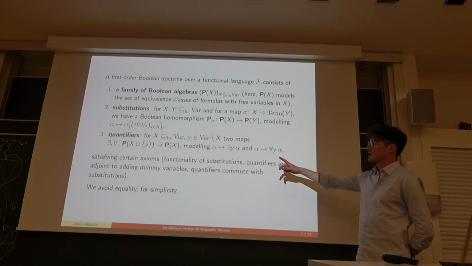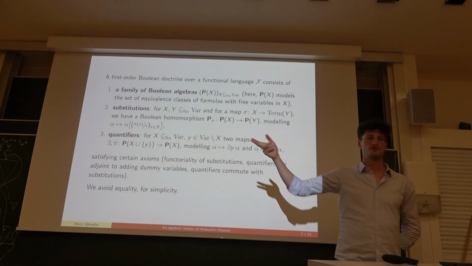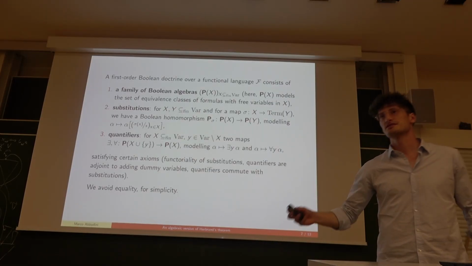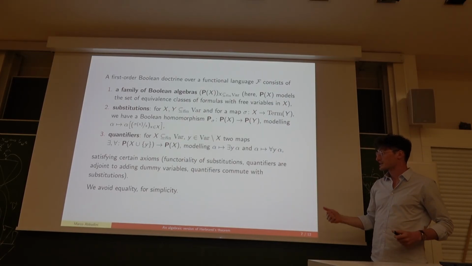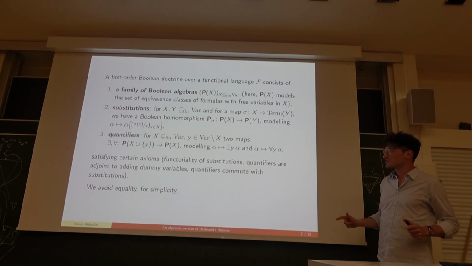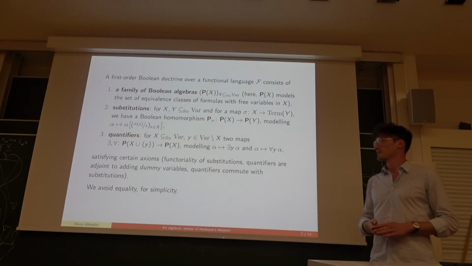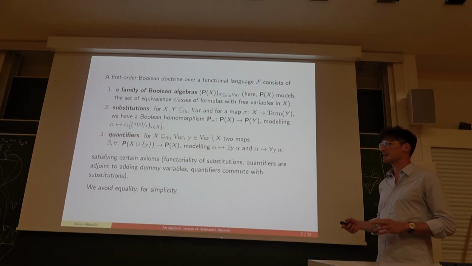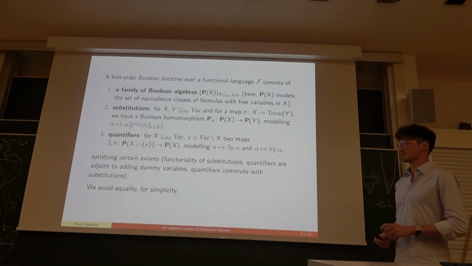And here we remove the variable y because it's no longer free. And certain axioms have to be satisfied. So these are functoriality of substitutions, the fact that quantifiers are adjoint to adding dummy variables, which is called the Beck-Chevalley condition, and that quantifiers commute with substitutions provided a certain side condition.